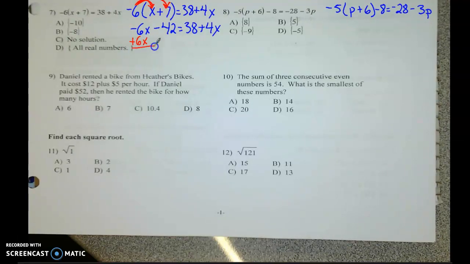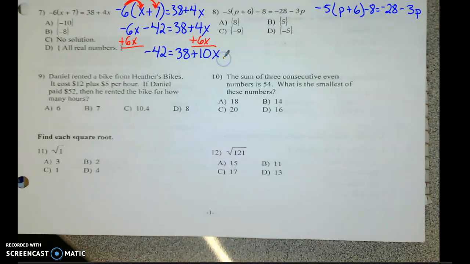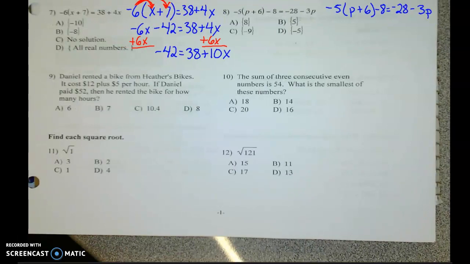It's the smallest, so we're going to move it. That'll leave us with negative 42 equals 38 plus 10x. Now we're going to move our constants. So minus 38, minus 38.